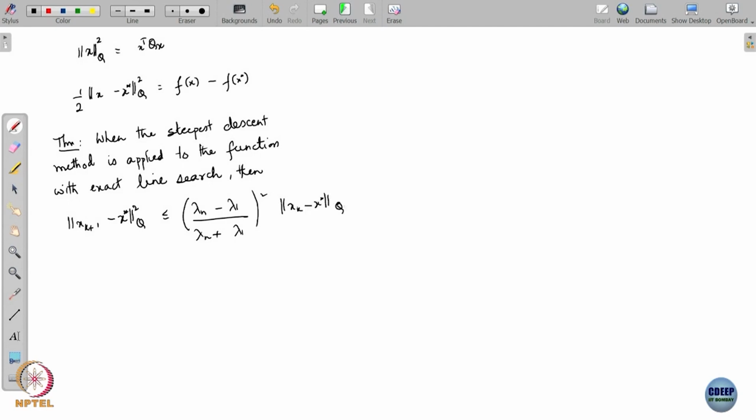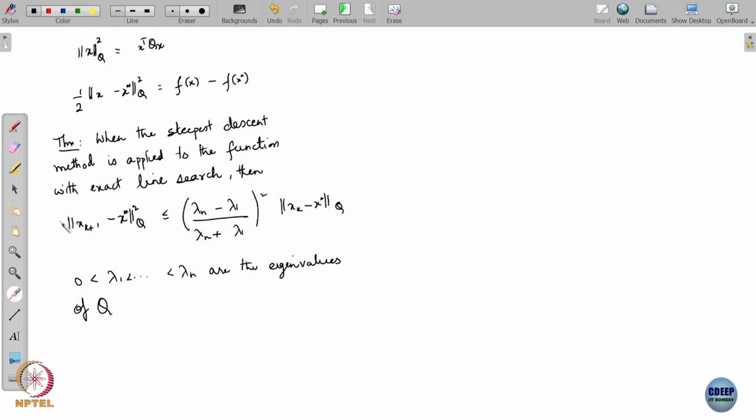Here lambda_1 greater than or equal to ... greater than or equal to lambda_n are the eigenvalues of Q, where lambda_1 is the smallest eigenvalue and lambda_n is the largest eigenvalue.